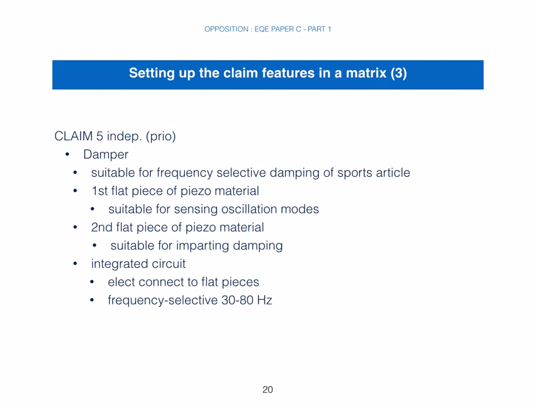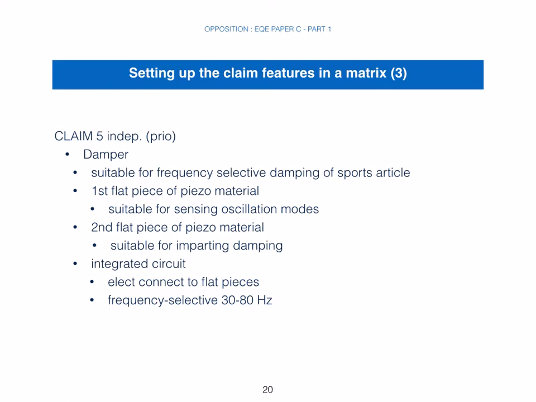Claim 5 is an independent claim entitled to priority. It's directed to a damper suitable for frequency selective damping of a sports article. It has a first flat piece of piezoelectric material, which is suitable for sensing oscillation modes. It has a second flat piece of piezoelectric material, which is suitable for imparting damping.